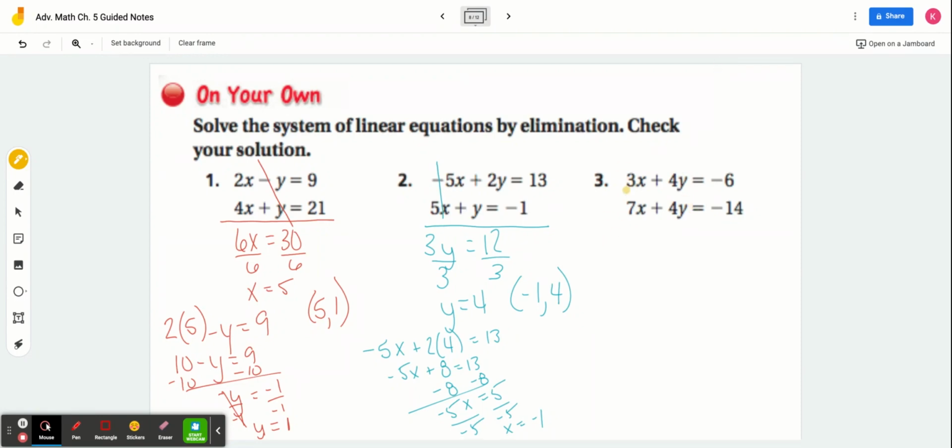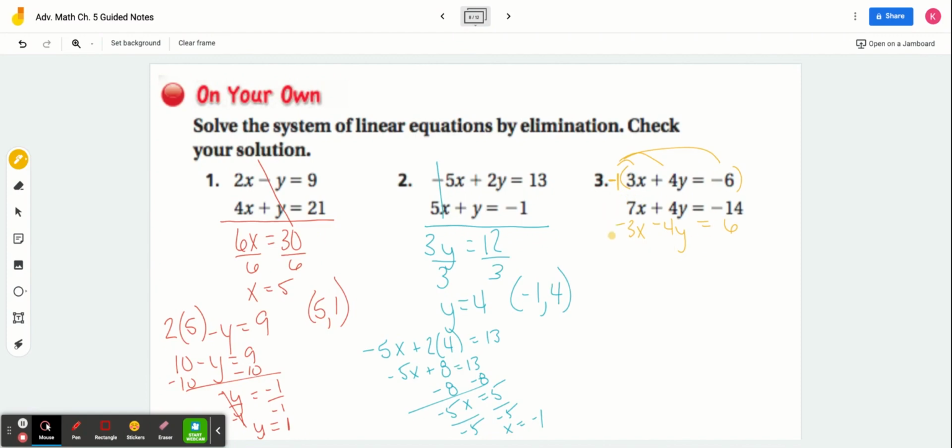So what we can do is multiply everything in the equation by negative 1 to change the signs. So this is like the distributive property here. So negative 1 times 3x is negative 3x. Negative 1 times 4y is negative 4y. Negative 1 times negative 6 is positive 6.